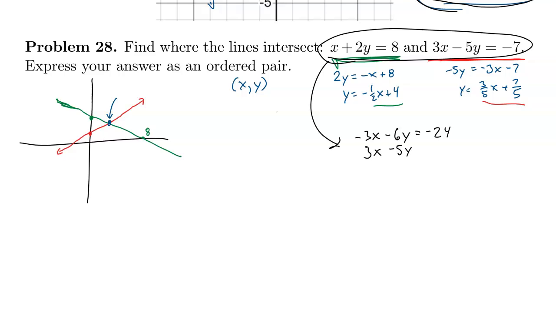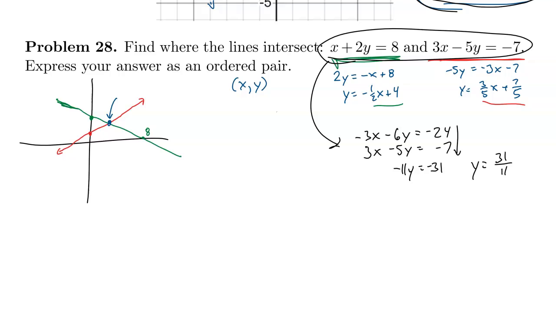I can add these two equations together, and it will cancel out the x's. So if I do that, I get negative 11y equals negative 31. So the value for y is positive 31 over 11.